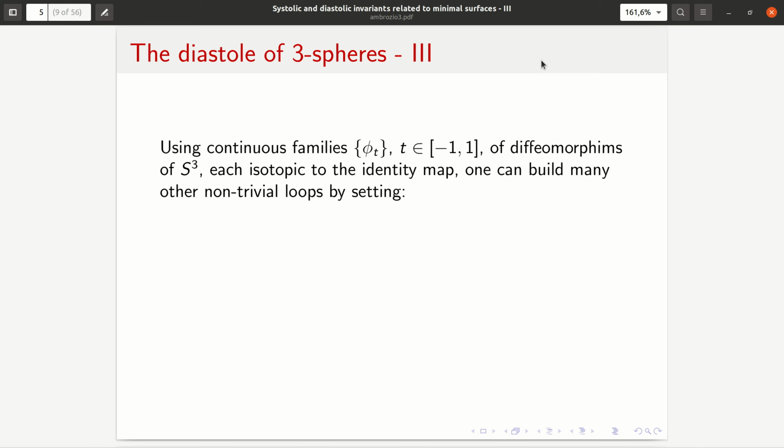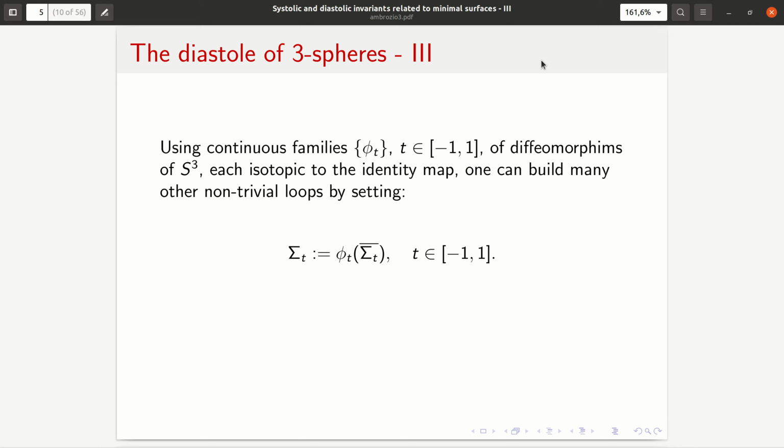For example, we can take a continuous family of diffeomorphisms of S3, each one isotopic to the identity, and then define a new family whose t slice is the surface sigma t, which is the image by the diffeomorphism phi of t of the horizontal sphere sigma bar t at height t.